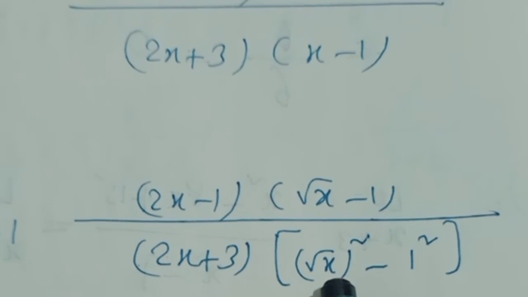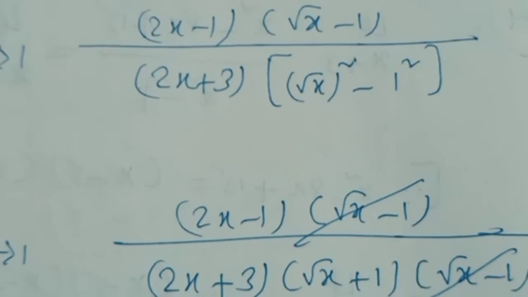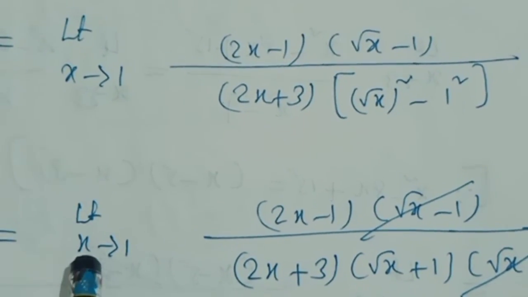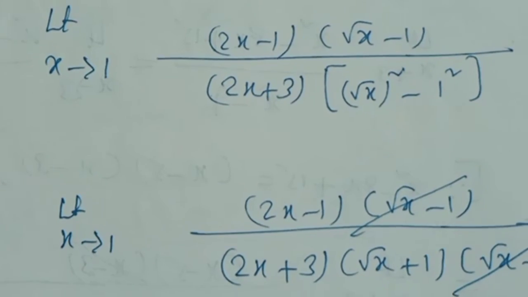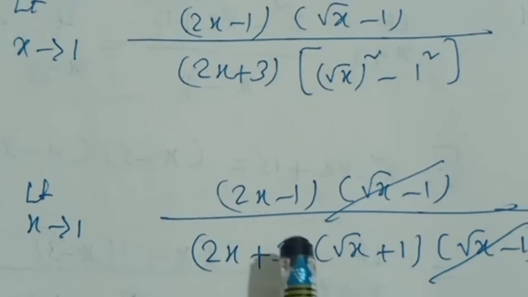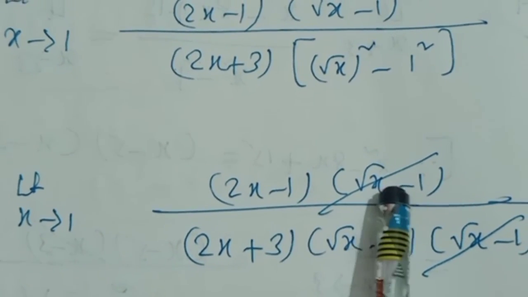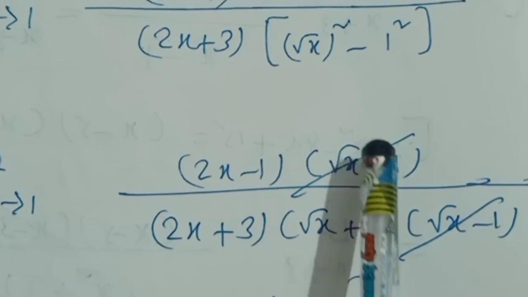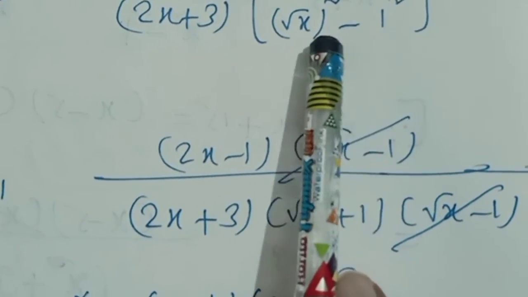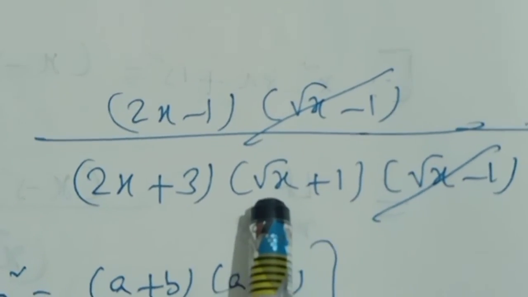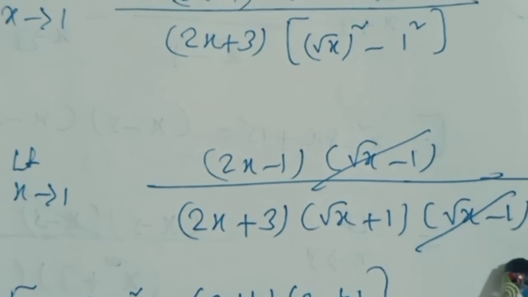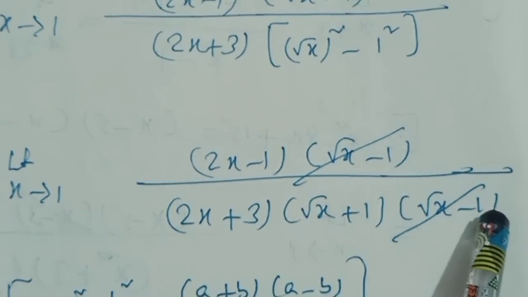So here we use a square minus b square, which gives a plus b into a minus b. So limit x tends to 1, numerator 2x minus 1 into root x minus 1, and denominator 2x plus 3 into root x plus 1 into root x minus 1. Now here root x minus 1 is a common factor, no? So those are cancelled.